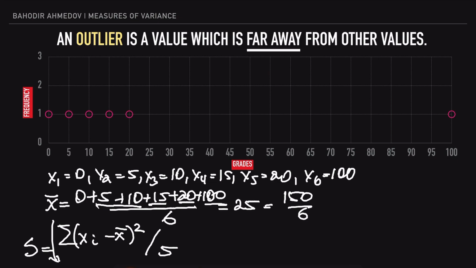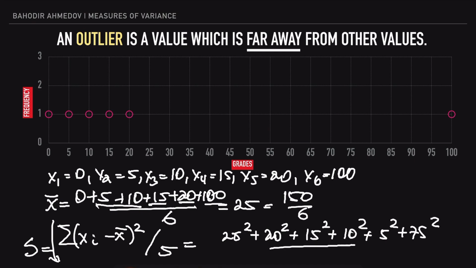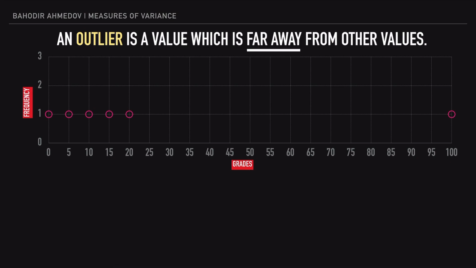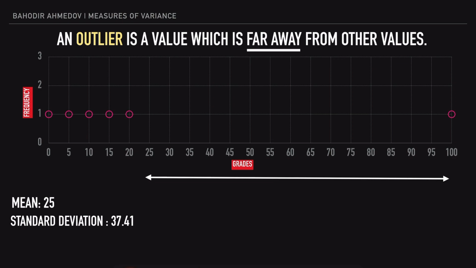So if you do this using a calculator, it's going to be 25 squared plus 20 squared plus 15 squared plus 10 squared plus 5 squared plus 75 squared, and this is all divided by 5. Then we have to take the square root. If you calculate it, it is going to be equal to 37.41 roughly.